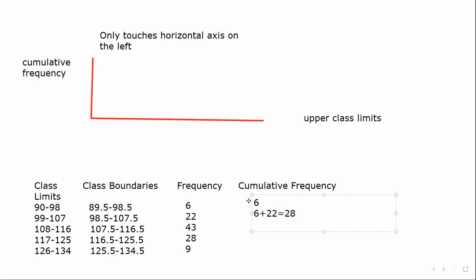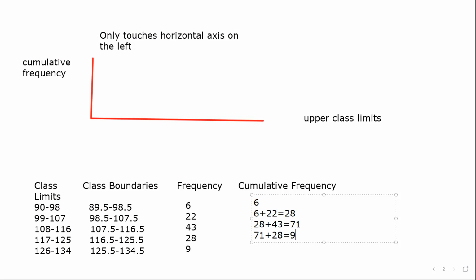Keep going. 28 plus 43. How much is that? 71. Good. Then 71 plus 28 equals 99.